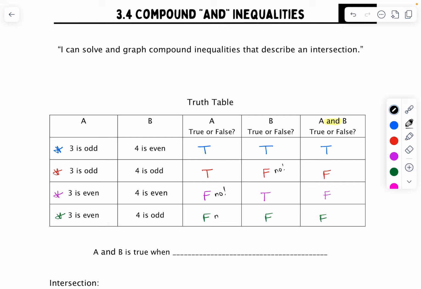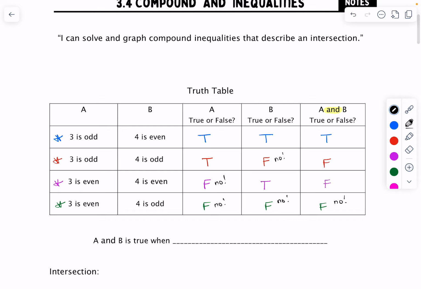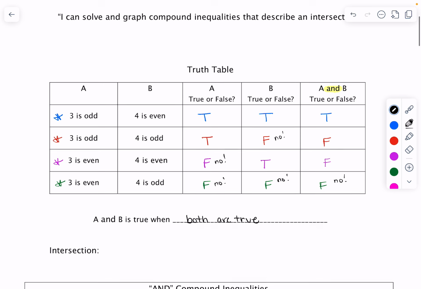So that's the lens in which we're viewing this relationship. To put this in words, we can say A and B is true only when both are true.